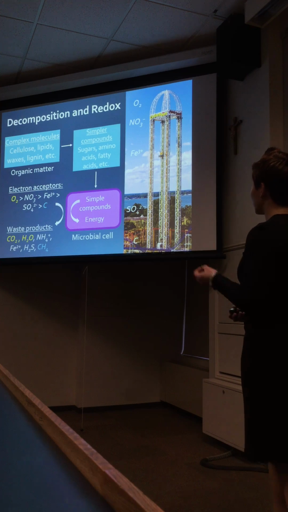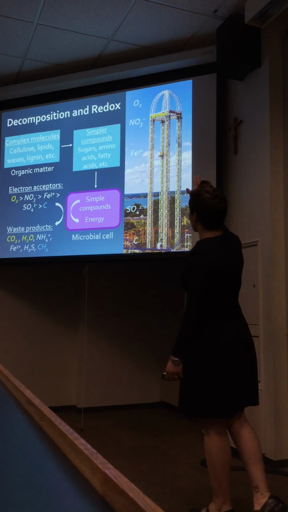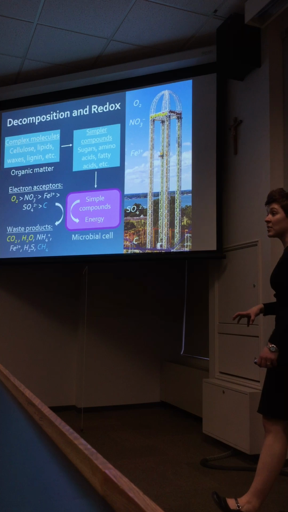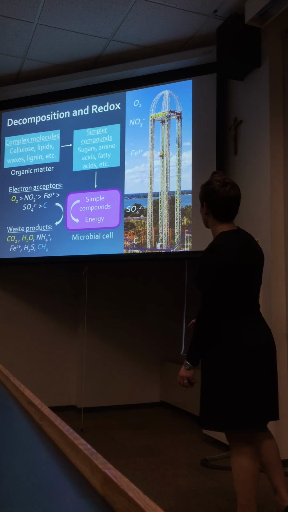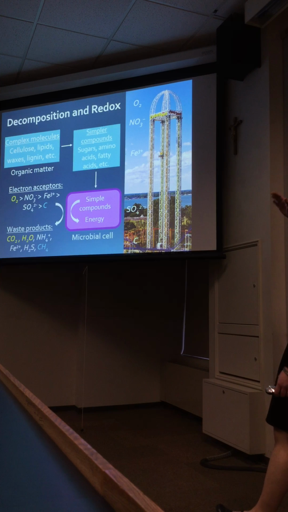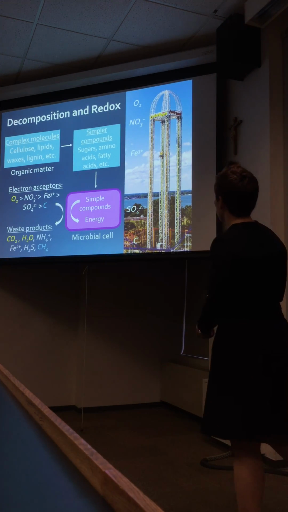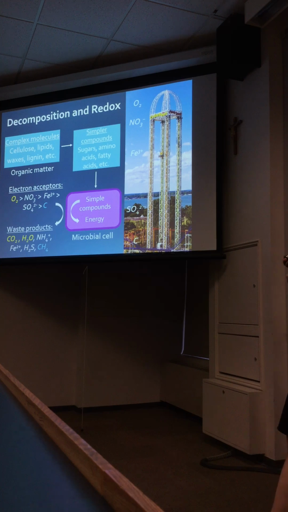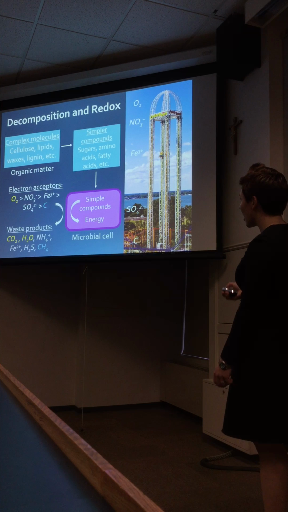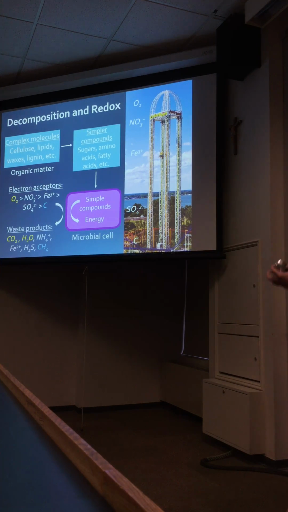If we drop a ride from the top, it's going to pick up a lot of speed and release energy as we get to the bottom. If we drop it lower down on the tower, we're not going to pick up as much energy. After oxygen, we have nitrate, then iron, then sulfate, and as we get towards the bottom, when you're using carbon as your electron acceptor, you're getting a little bit desperate.